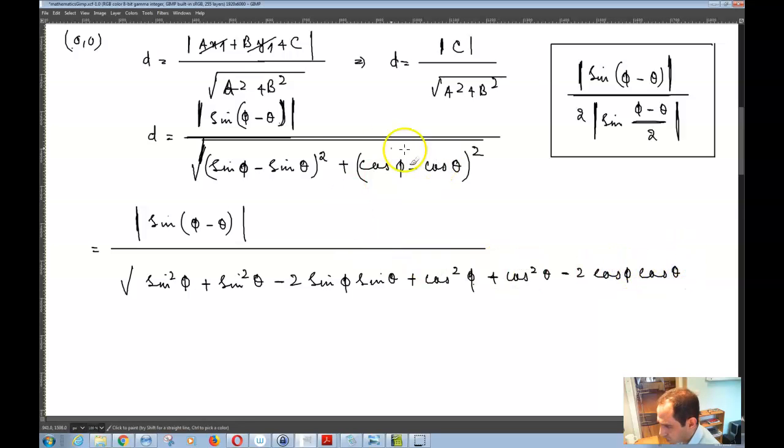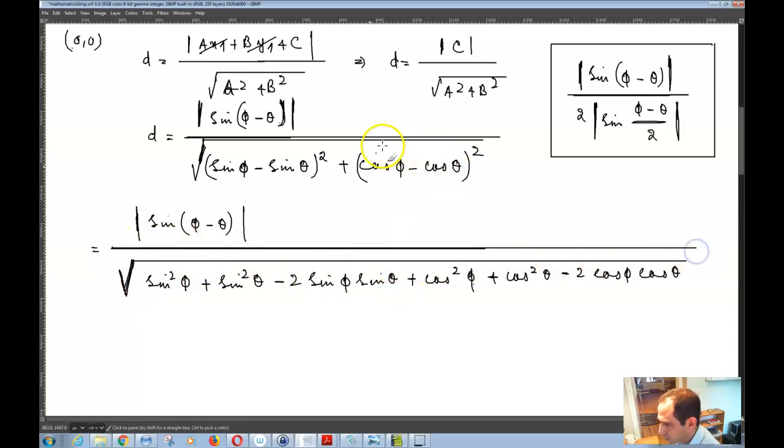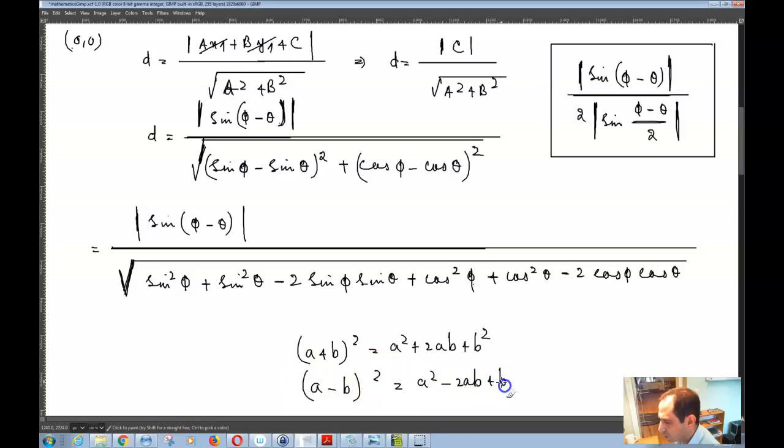You already know your algebra, hopefully. Of course, you know what I'm doing here. It's simply a plus b whole squared is equal to a squared plus 2ab plus b squared, and a minus b whole squared is equal to a squared minus 2ab plus b squared. So that's what I'm doing here.